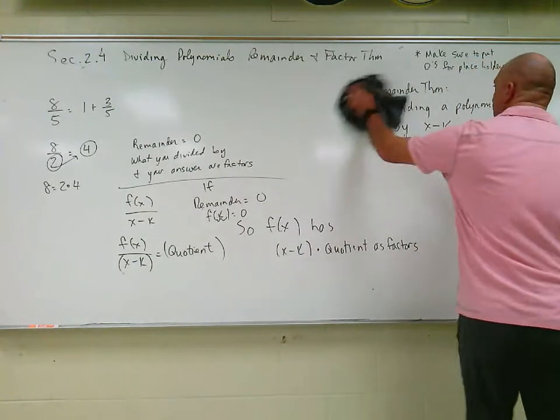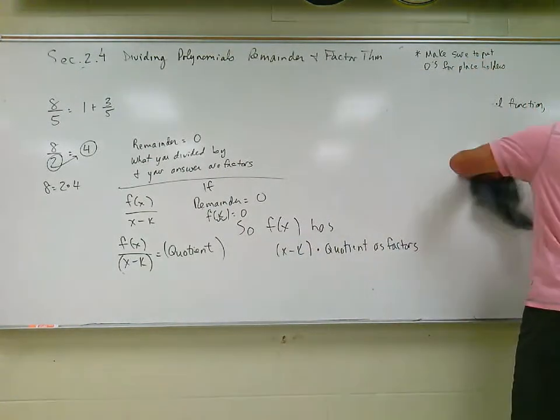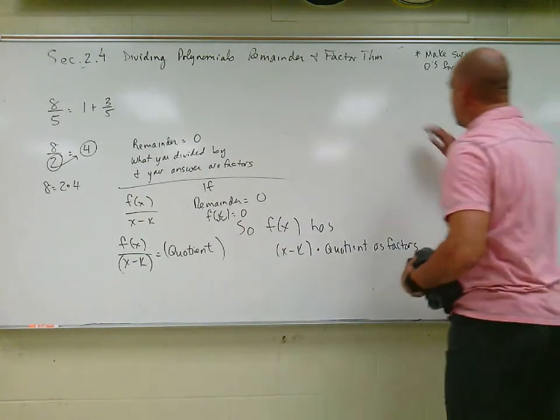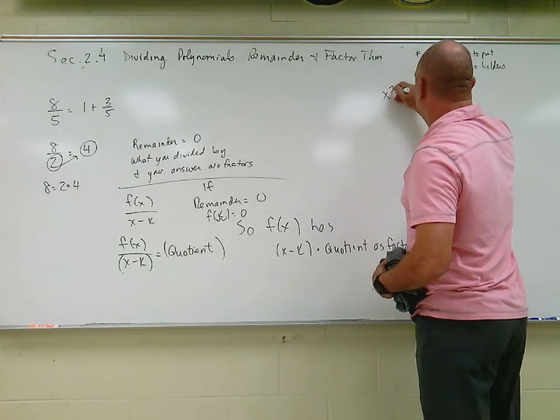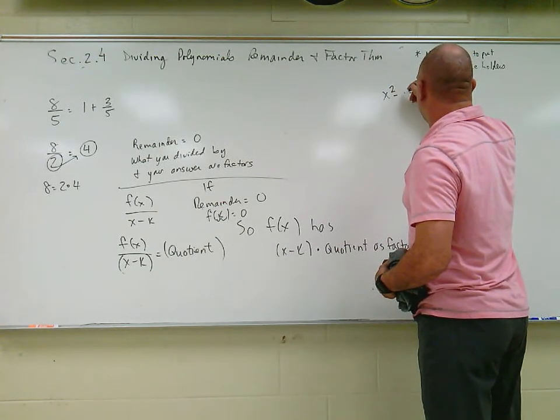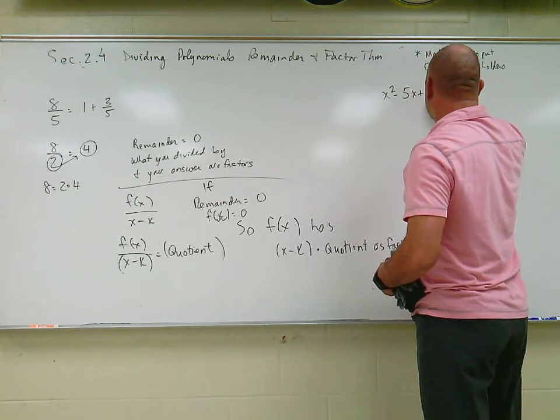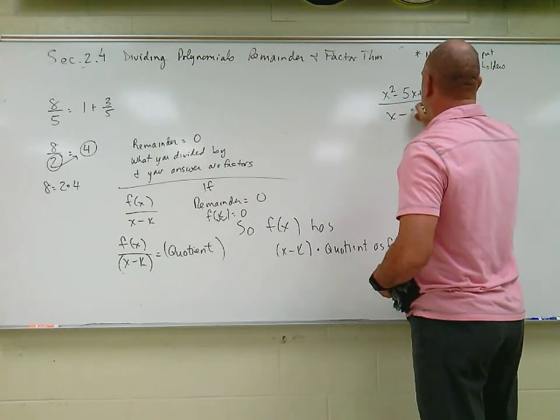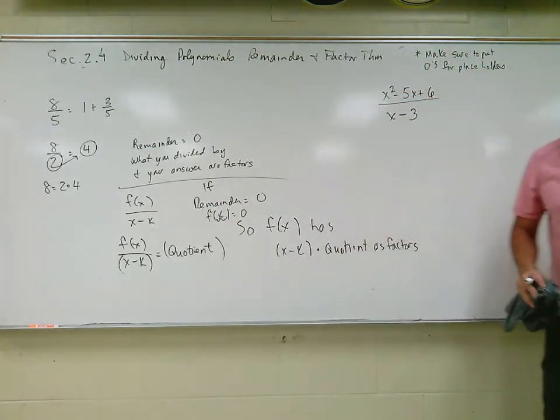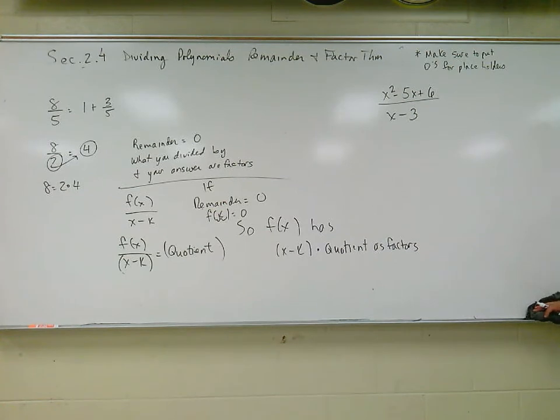See if it all makes sense. So let's say we have x squared minus 5x plus 6 divided by x minus 3. Go ahead real quick.